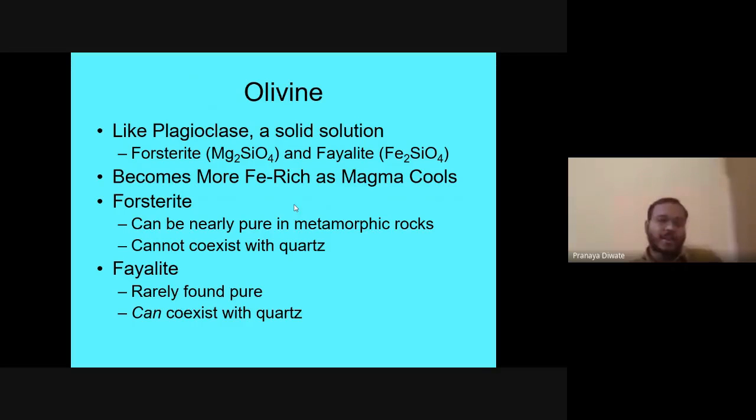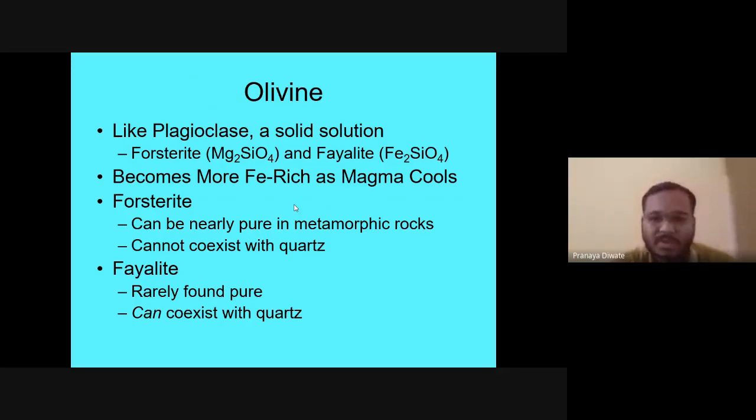Like your plagioclase series, your olivine series is also there. The olivine series starts from Mg to Fe, where Mg is just replaced with Fe and the rest of the things are okay.